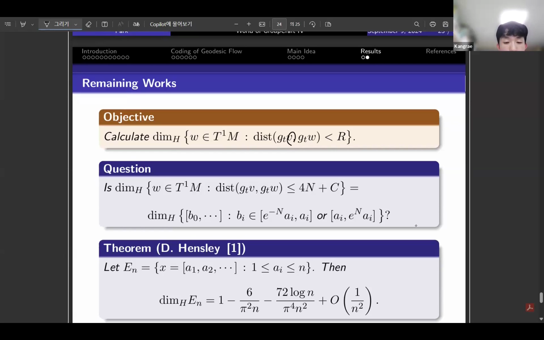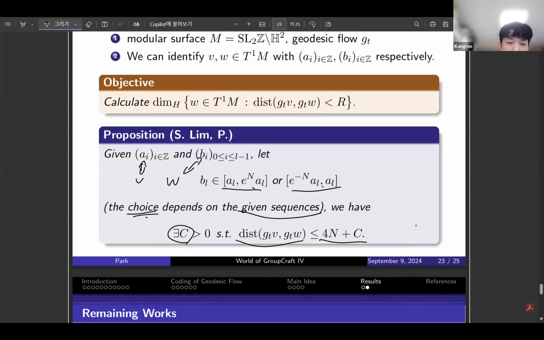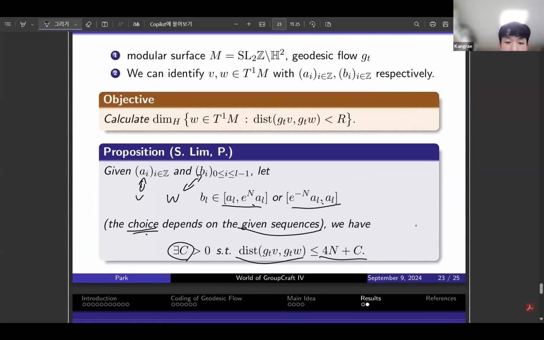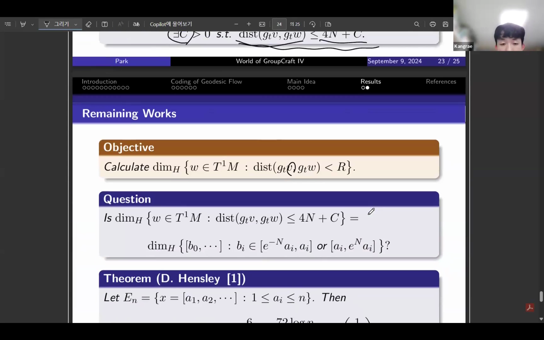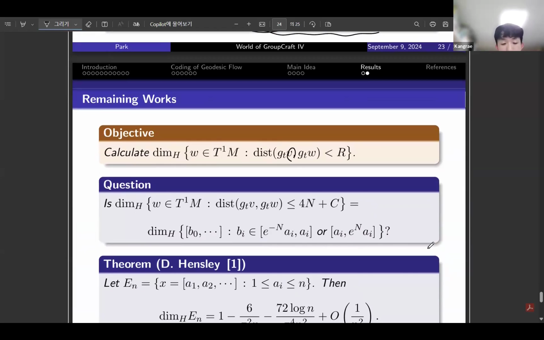In the proposition, we had a continued fraction digits condition, and we also have this distance condition. And our question is whether the Hausdorff dimension of these two sets are the same or not. And what we have to do more is that we have to calculate this latter set's dimension.